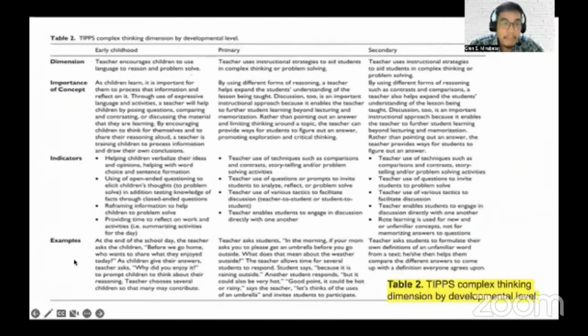Then these are examples of how we can really observe that the indicators or the dimensions have been achieved. And it's really related to the kind of training or the kind of information being fed to the teachers.